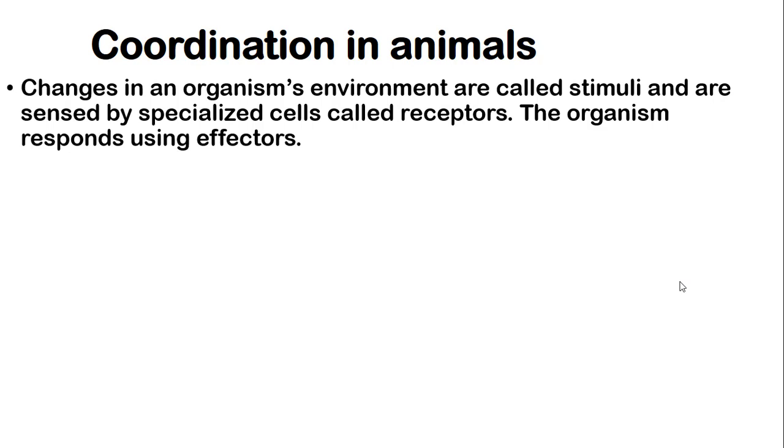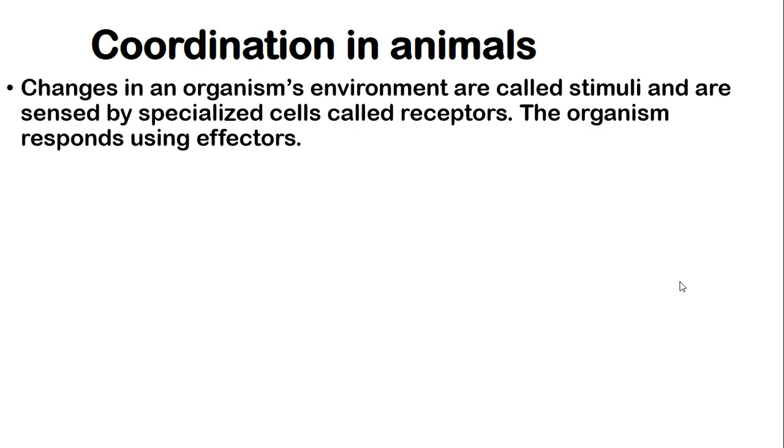For example, there are two types of receptor cells inside the eyes, called rod and cone cells. They are specifically designed to see things. They convert light energy into electrical signals. It means that they are energy transducers. They convert light energy into electrical impulses.